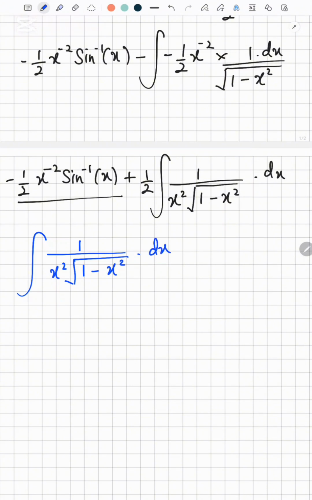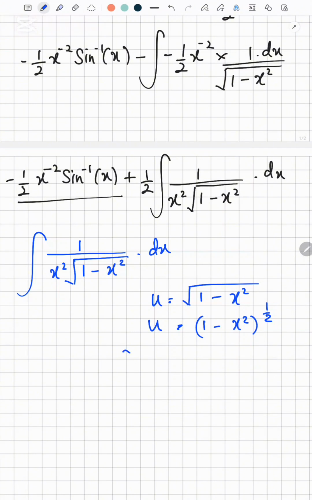So let's take a substitution this time. We can take a substitution of u equals root 1 minus x squared. I'll rewrite this as 1 minus x squared to the power half so you can understand better.